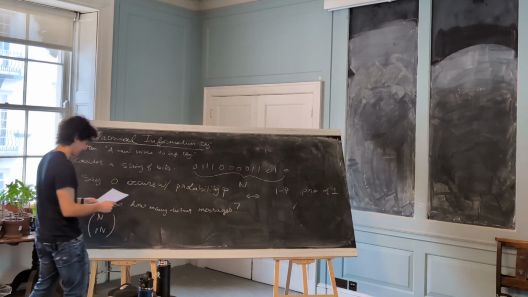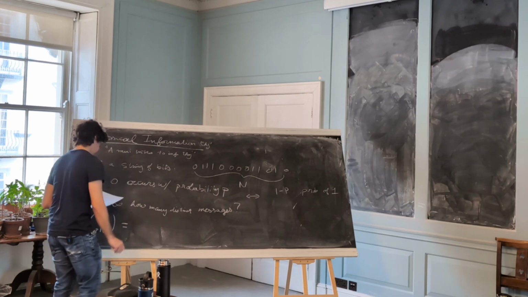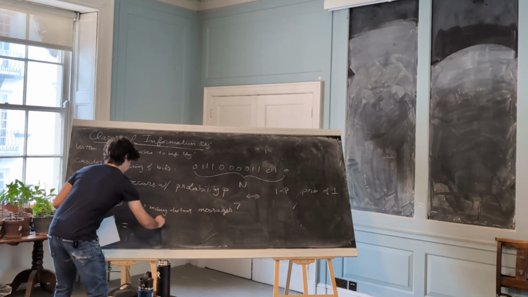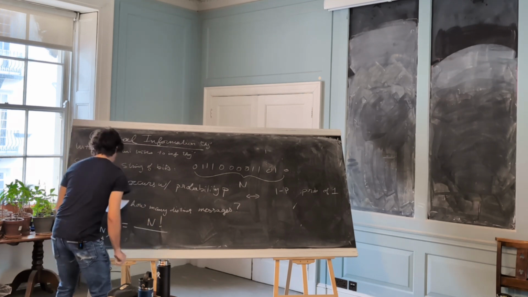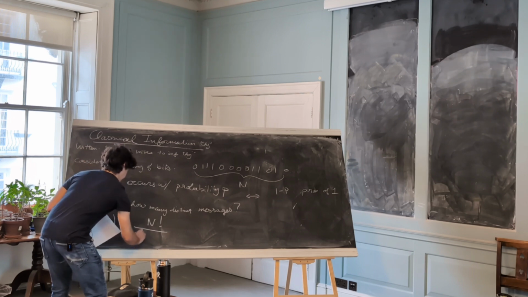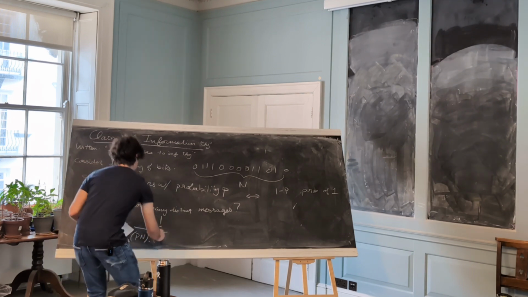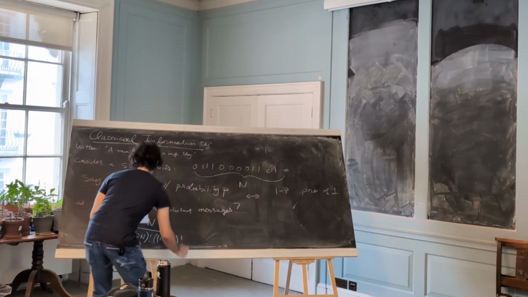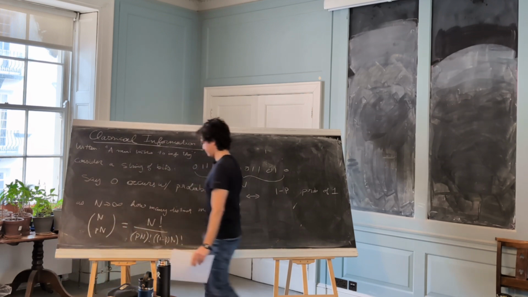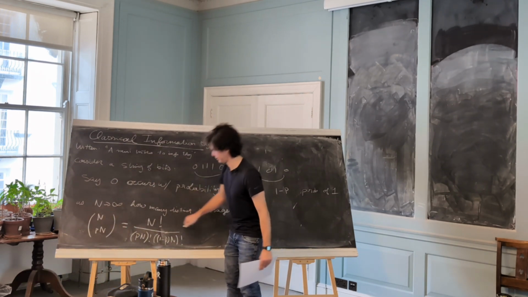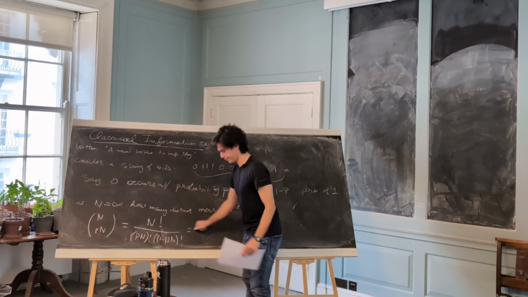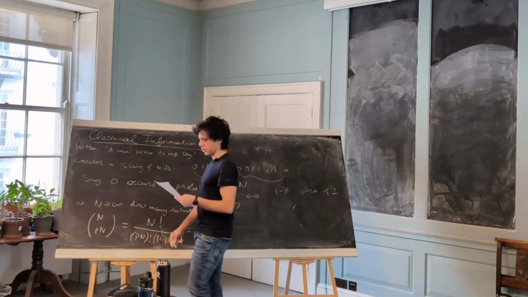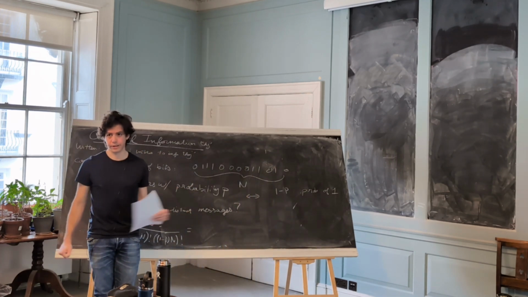Okay, very good. Let's write that down more accurately. That's n factorial over pn factorial times (1 minus p)n factorial. So that's n choose pn. And let's use Stirling's approximation, because n is large.